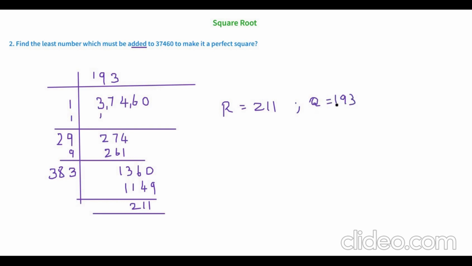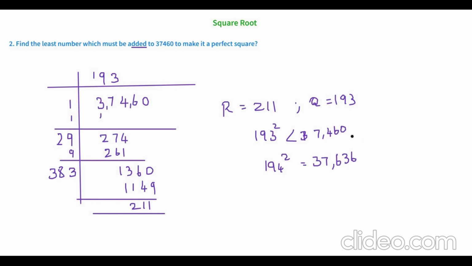Since 193 squared is less than 37,460, what we have to do is take 194 squared. So what is 194 squared? 194 squared will be 37,636.